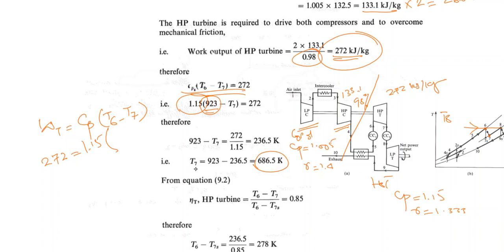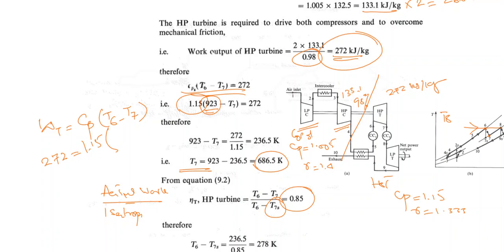Now using this temperature, I can find the temperature T7s. T7s would be found out using the turbine efficiency. The turbine efficiency is 85%. That is the actual work divided by the isentropic work. So actual work is T6 minus T7 multiplied by Cp.